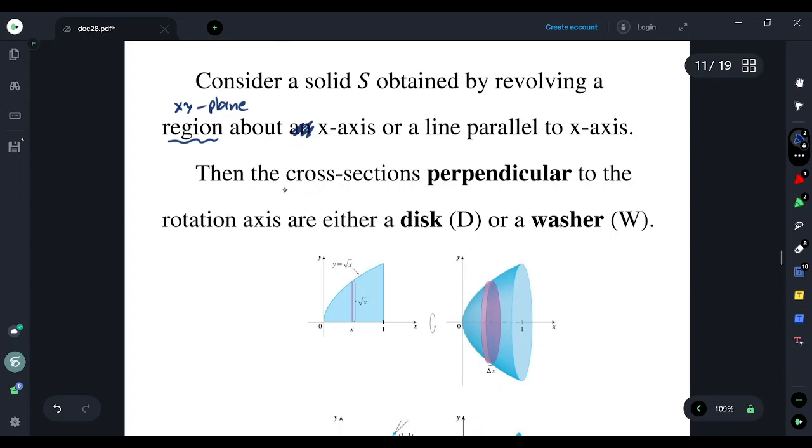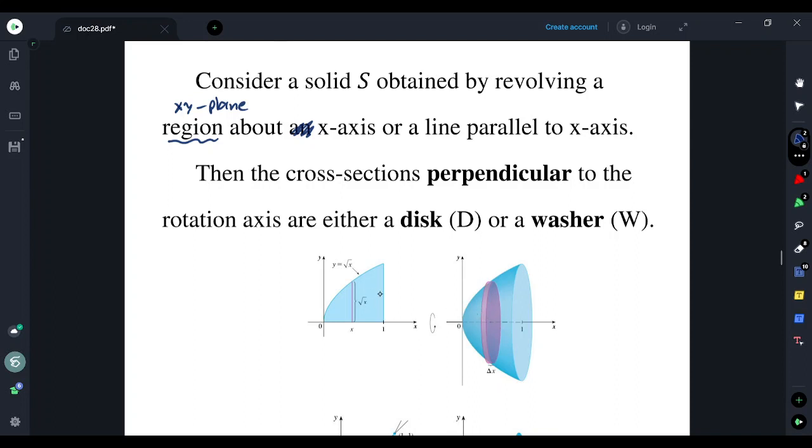So for example, in this figure we choose the blue region here, and then we are going to rotate this region about the x-axis. On the right figure you can see that the rotation gives a solid, right?